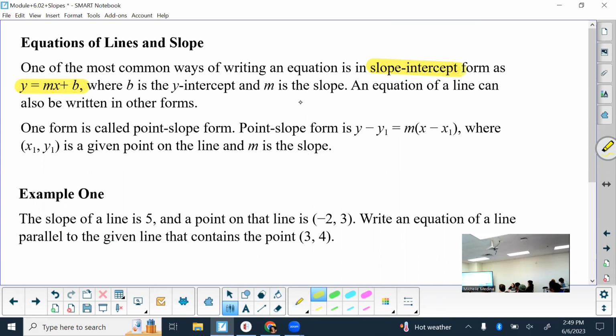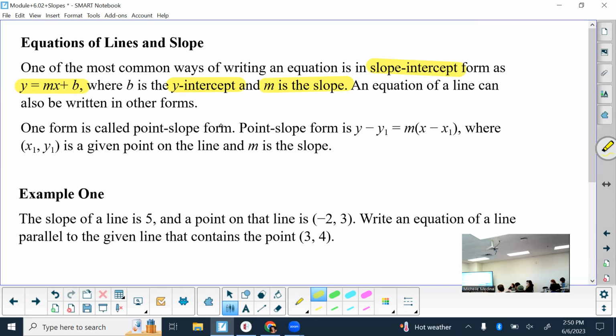The slope. And what's the other thing? If something's in slope-intercept form, I can see the slope and the y-intercept. So it's in the name. Slope-intercept form. I can clearly see the slope and the y-intercept. They replace the m and the b; the y and the x are usually just y and x.